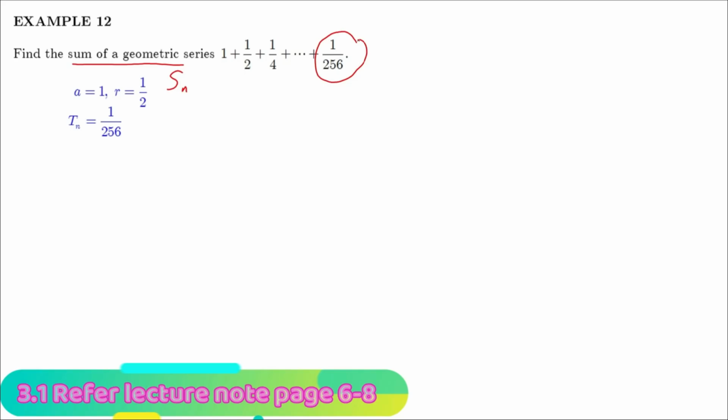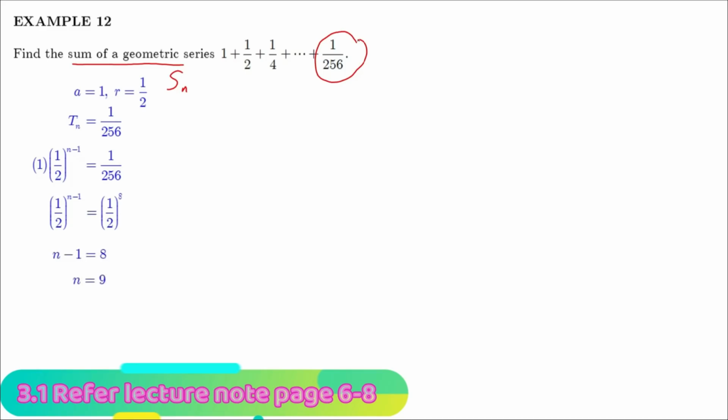So to do that, we have to use the Tn formula again with our A, 1, and R, 1 over 2, and equate it to 1 over 256. Finding the same base for both sides of the equation, we have 1 over 2 to the power n minus 1 equals 1 over 2 to the power 8. And comparing the indices, we have n equals 9.